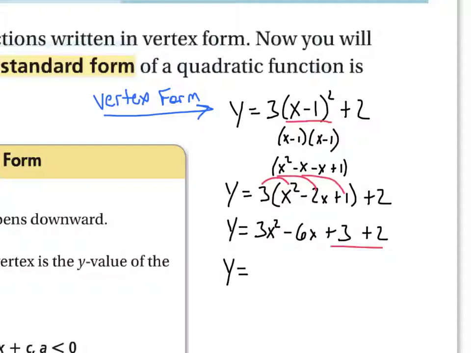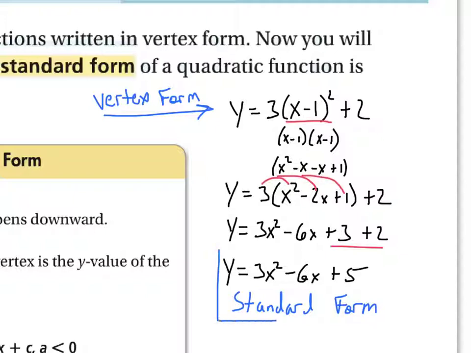So y equals 3x squared minus 6x plus 5. Okay? That is written in standard form.